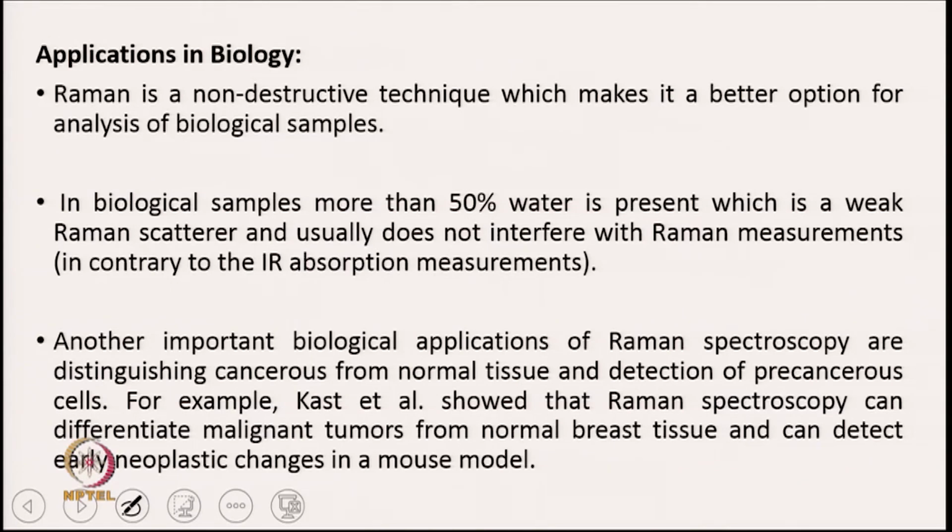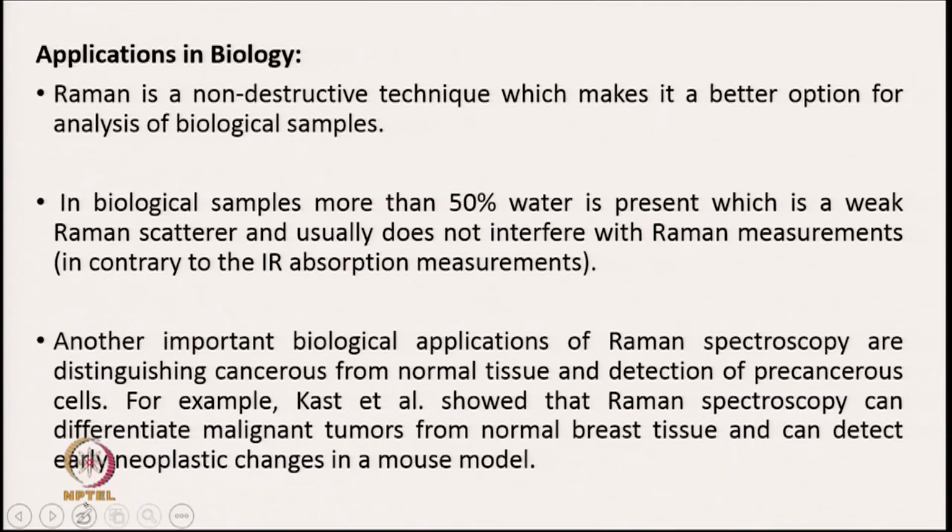It can be used to distinguish cancerous tissue from normal tissue, and people have used it to differentiate malignant tumors from normal breast tissues, and it has also been used to look at neoplastic changes in a mouse model.